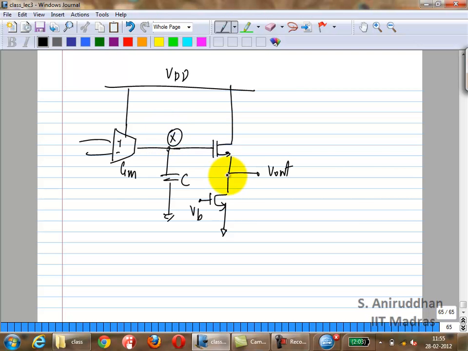Okay. What is the output swing of this? What is the maximum output swing? Or what is Vout max and Vout min? What is Vout max? So let me call this MX, MB for the buffer. Okay.